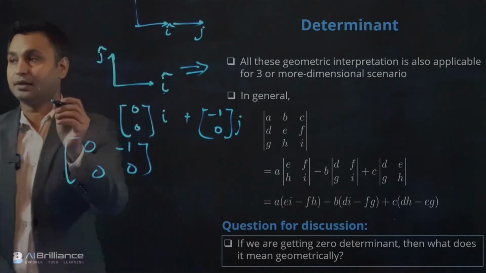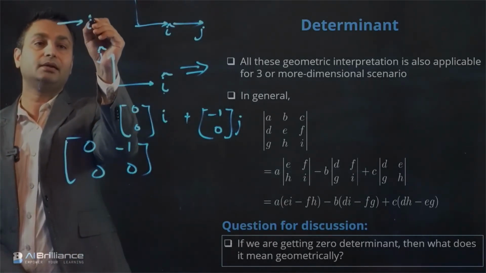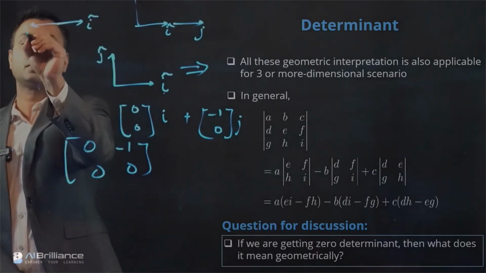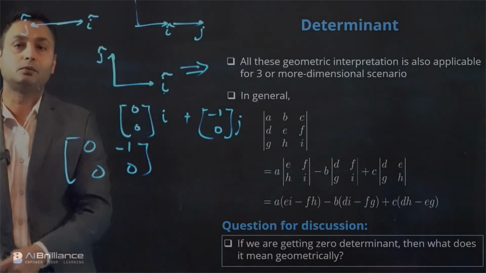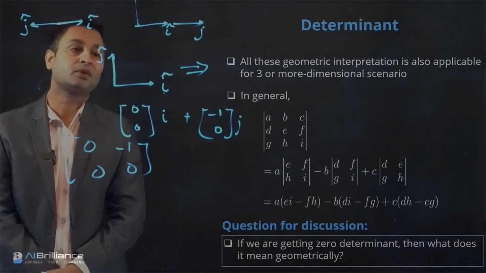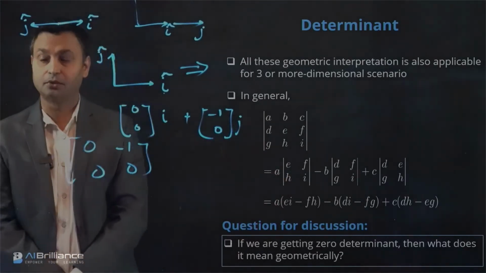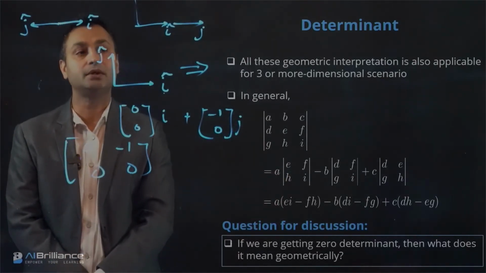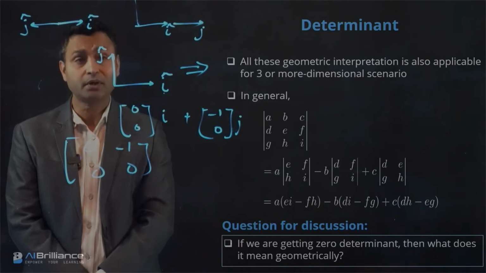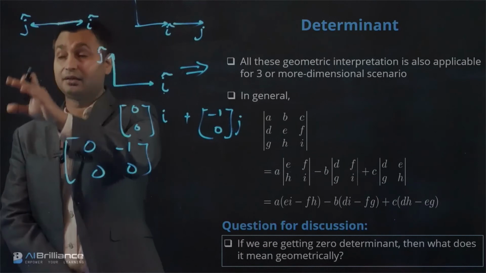There might be another possible case, in which you have i in this direction, and then j is exactly 180 degrees opposite to it, and in that case also you will fall into the same situation. Then you might have a 0 determinant. So, a 0 determinant means that the unit axes that were initially there, when transformed, are in the same direction or exactly opposite directions, right?